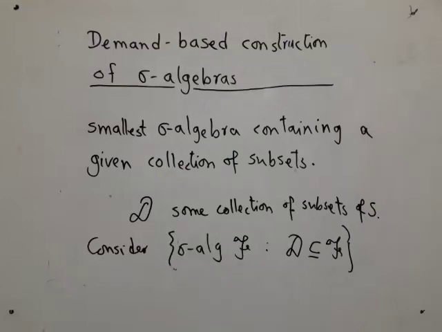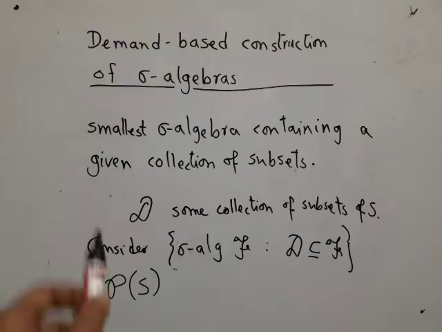This family is definitely non-empty, because if nothing else, the power set of S is a sigma algebra that definitely contains the collection, because that is the largest thing. Now we are going to take the intersection of all these sigma algebras, and that is again guaranteed to be a sigma algebra.